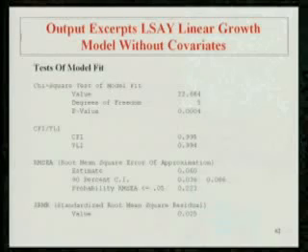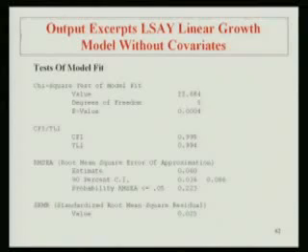The degrees of freedom for the model is 5, and that makes sense according to what we talked about with how many parameters there are in the model and how many degrees of freedom we would have. Then we have a p-value of 0.0004, which does not indicate that the model fits well. Our CFI and TLI look good, the RMSEA is not bad, and the SRMR is not bad.